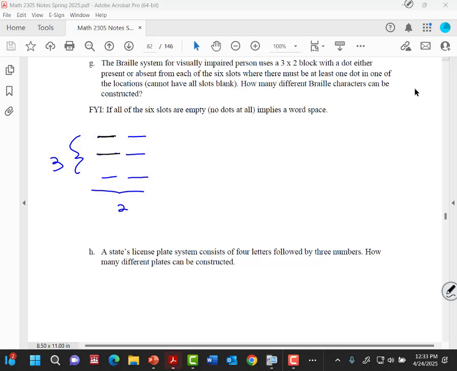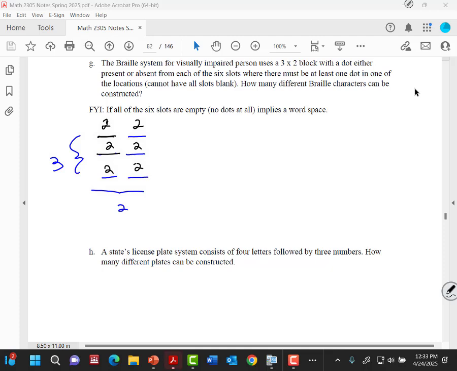So there are 2 different choices for this first spot. I either put a dot or I don't. It's either present or absent. For this second slot, there are two different choices. There's either a dot present or there's not. And so if you see the pattern, there's simply two choices for each of these 6 slots on my Braille character.